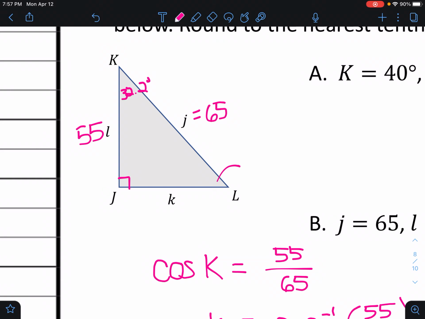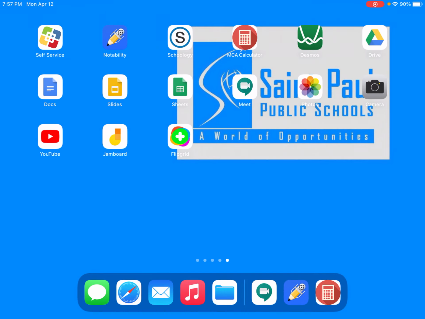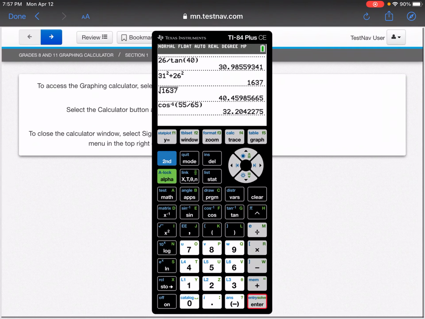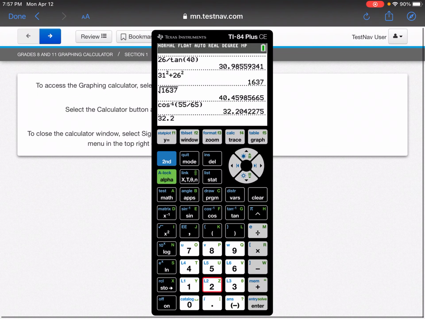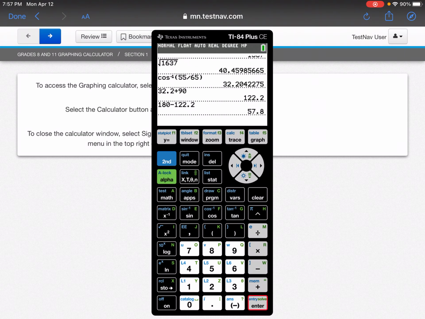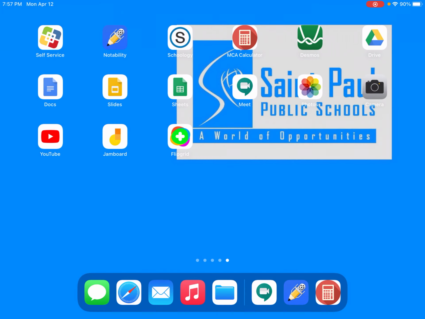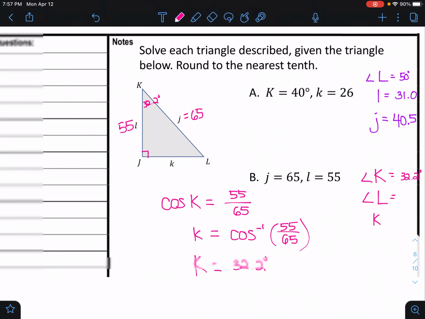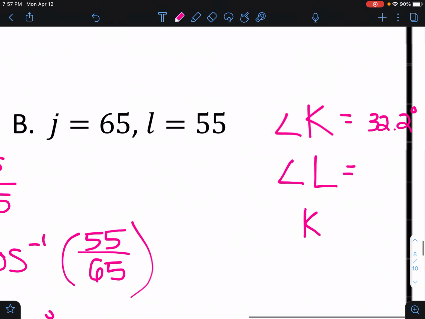That'll give me angle L. So let's do that. 32.2 plus 90. Okay, we'll go 180 minus 122.2. And we get 57.8 degrees, right? Okay. So that's angle L.